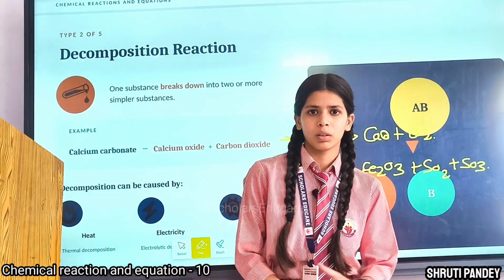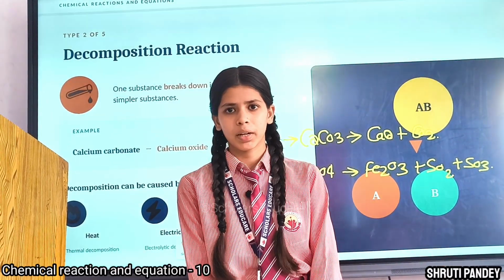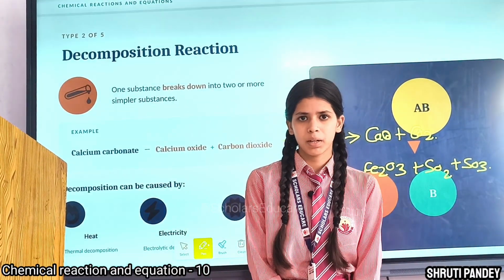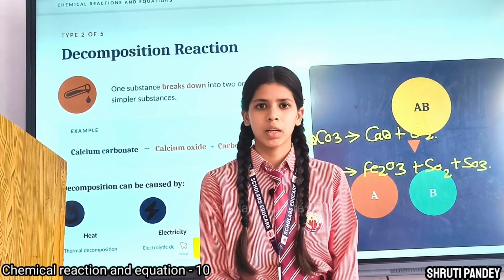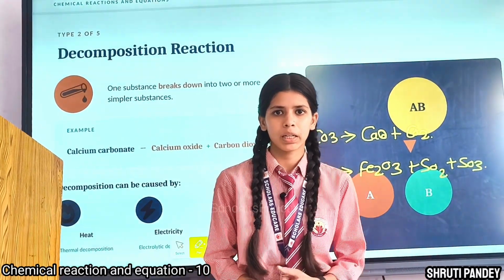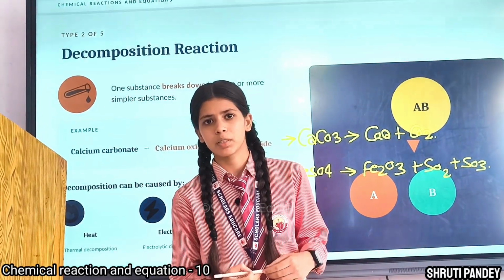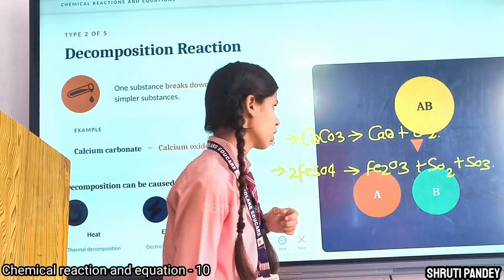And now the third type of chemical reaction is displacement reaction. The reaction in which a more reactive metal displaces a less reactive one is called displacement reaction. Let's understand with example.